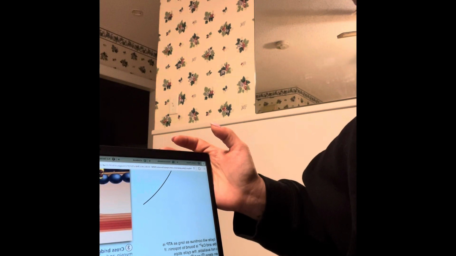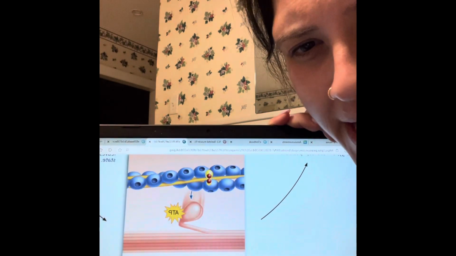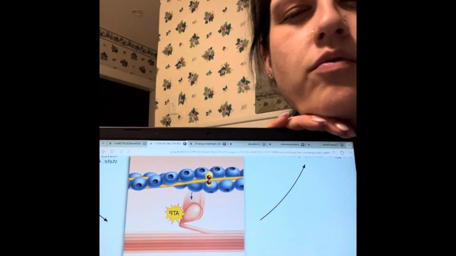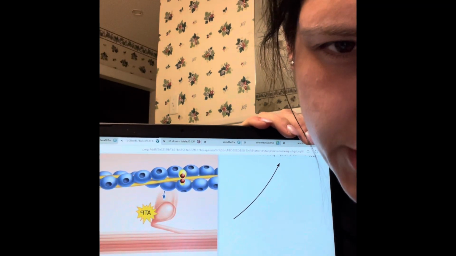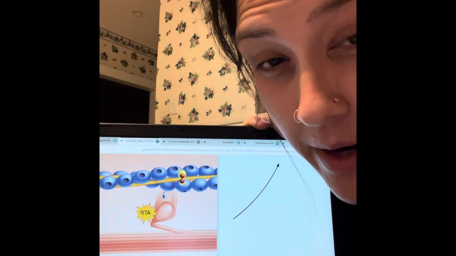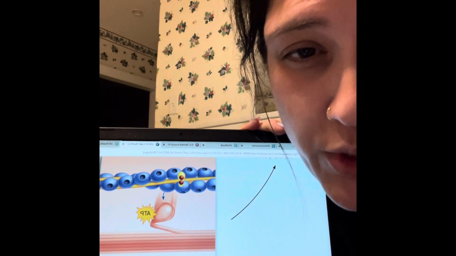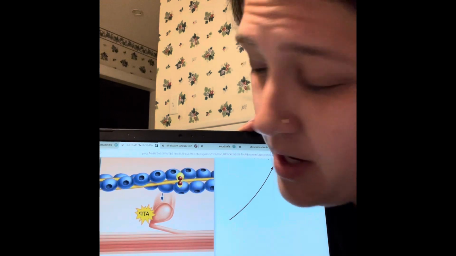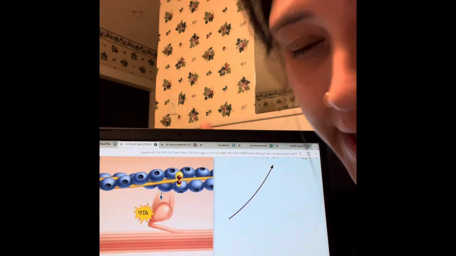Our third step is cross-bridge detachment. So even though ATP does play a role in our muscle contraction, it doesn't actually cause the power stroke. That is the active energy, which is ADP and the phosphate. ATP is inactive, or like passive energy, right?